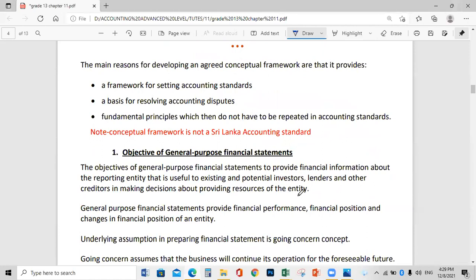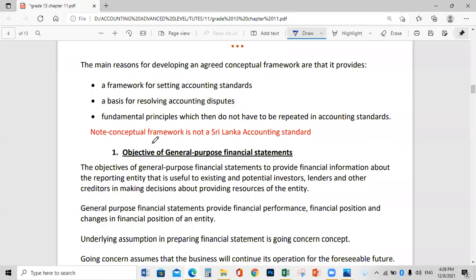So guys, now they are telling you the main reason they started developing this conceptual framework, because they already have standards, guys. Even though they have standards, why did they develop this conceptual framework? They can ask you. So the first one is a framework for setting accounting standards. Guys, it's like a framework. In order, it helps to set accounting standards.